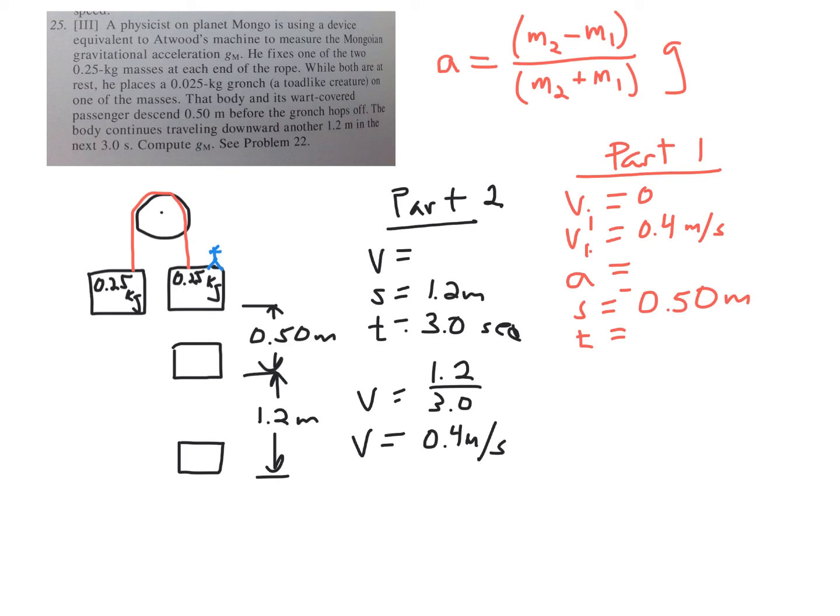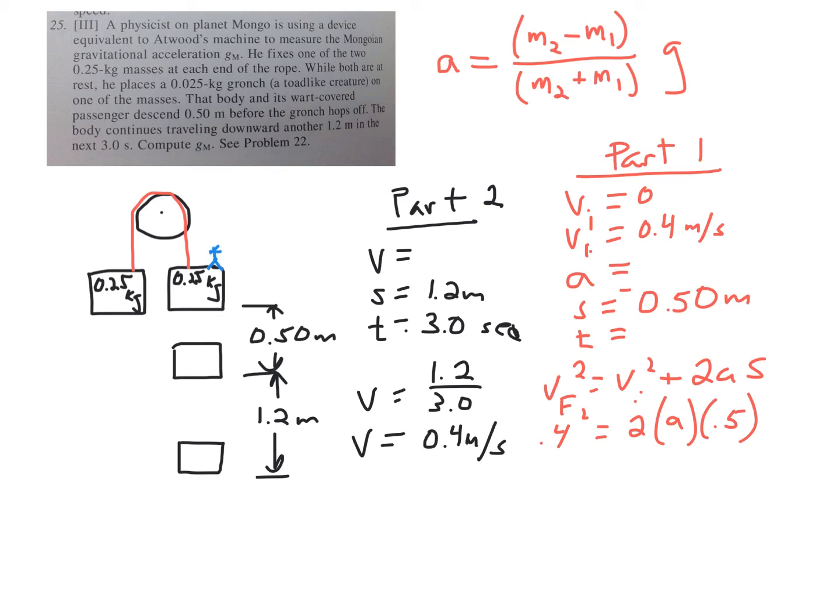But bottom line here is if we use the fourth uniform acceleration equation, and that is v sub f squared equals v sub i squared plus 2as, that would be 0.4 squared equals 0 squared plus 2 times what we're looking for, a, times 0.5.